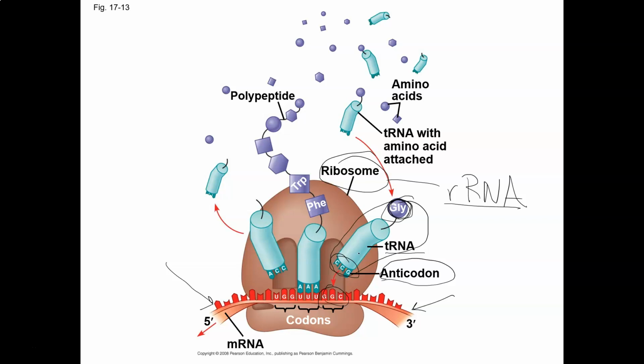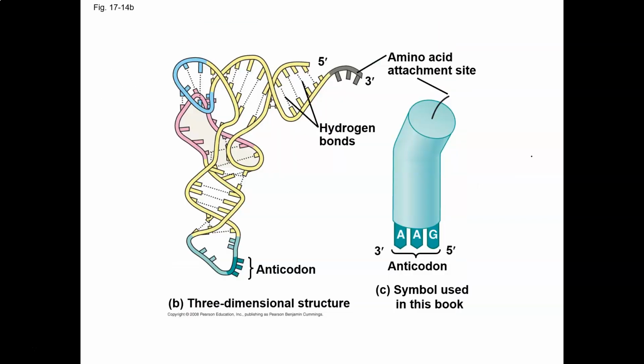Alright, so let's look at the transfer RNA in a larger picture here. This is the actual shape of it. It is a single-stranded nucleotide strand, but it is kind of folded up. It does have this 3-dimensional shape, and at one end is the anticodon, and at the other end is the amino acid attachment site. But they like to draw it in this firecracker form here.